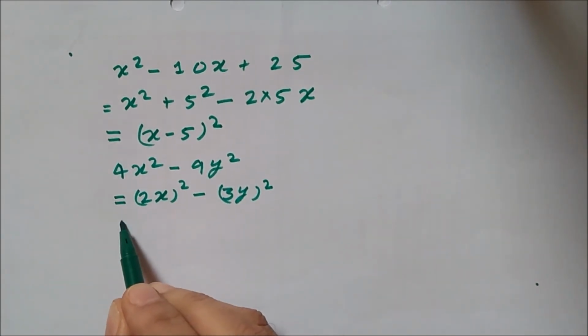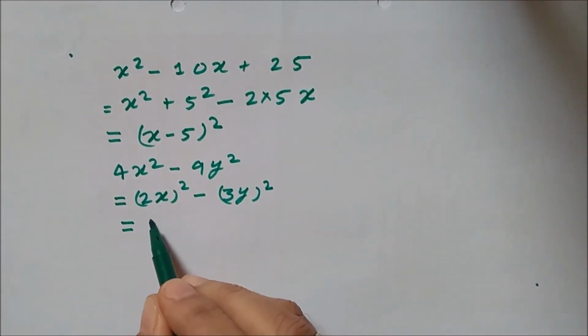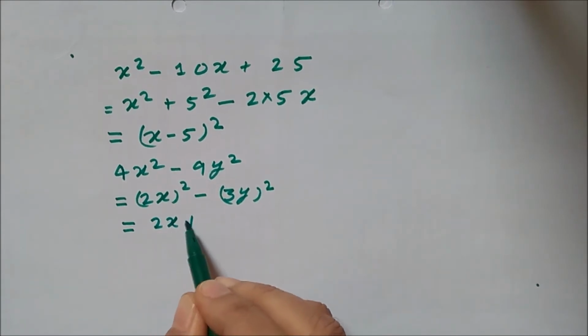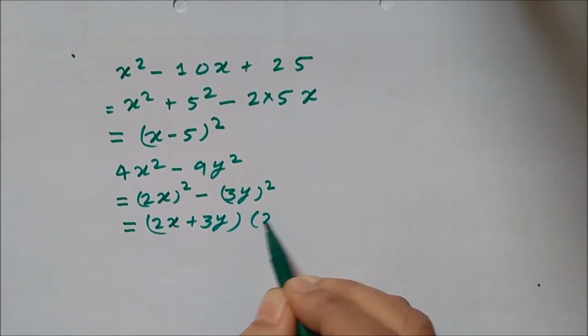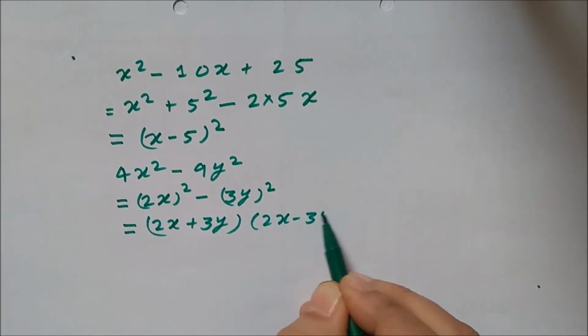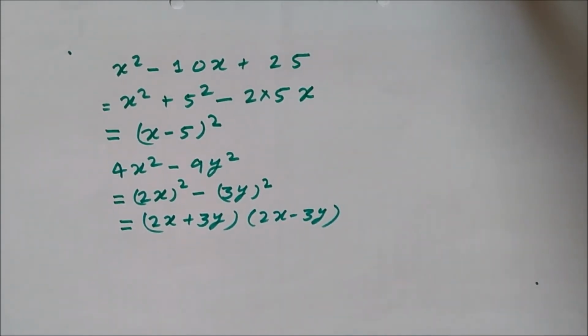Using the identity, this can be (2x plus 3y) and (2x minus 3y). This is how we can do the factorization of an algebraic expression where two perfect squares have a negative sign between them, and these are the factors of this algebraic expression.